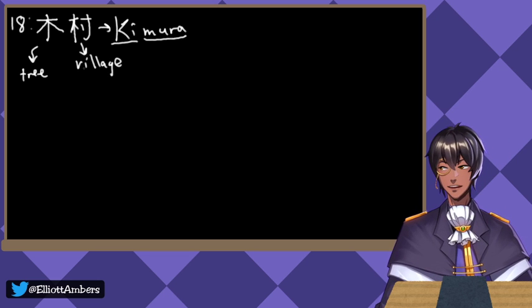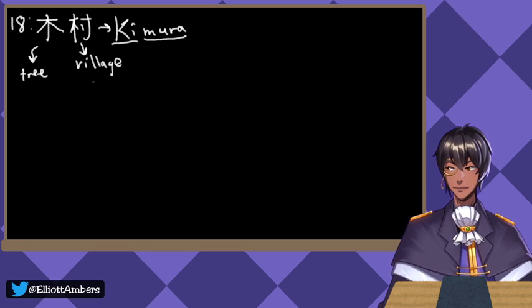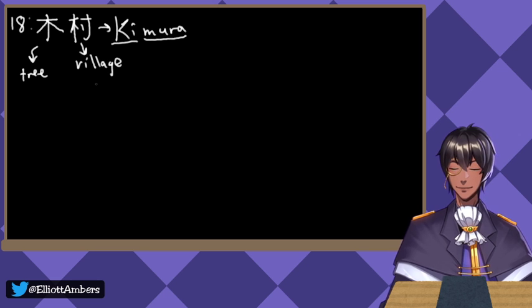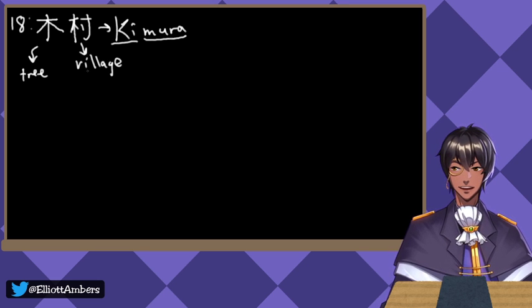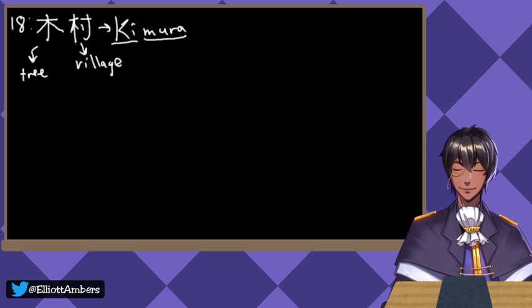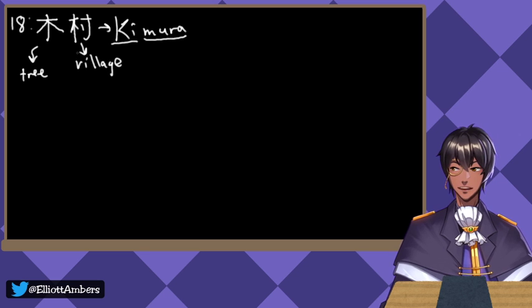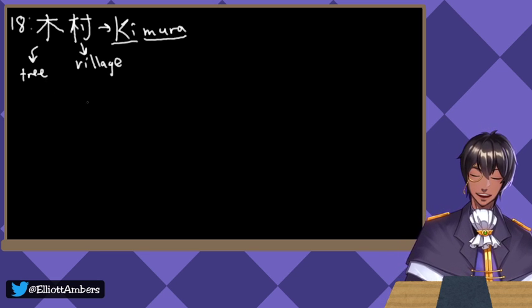So very simply put, it's a tree village. Probably a village that had a lot of forestry and trees in it. A village built inside the forest. Which, again, given Japan's geography, makes sense that those existed and that they were common enough for it to be a common surname. That's Kimura.